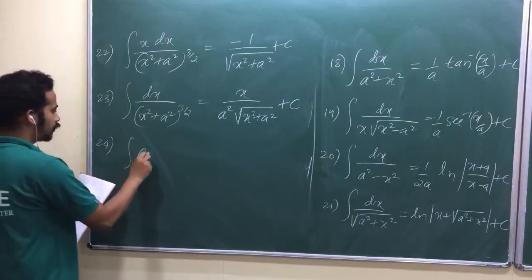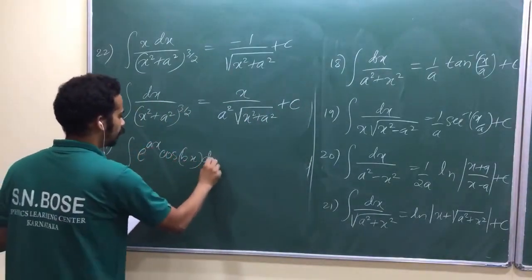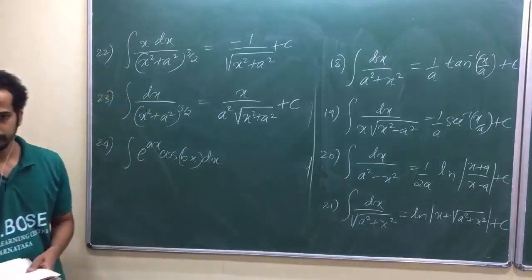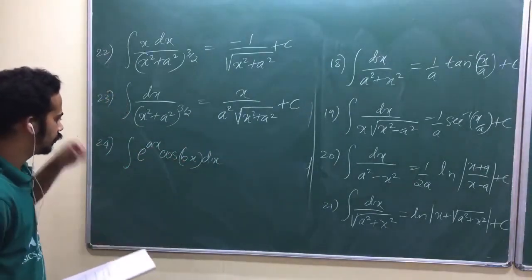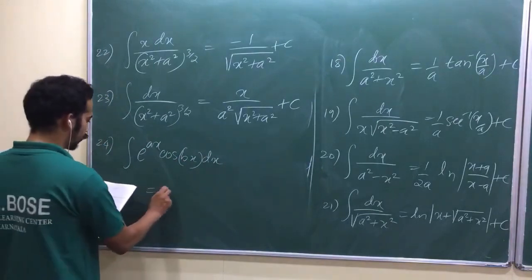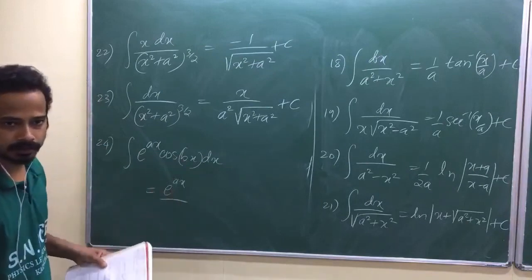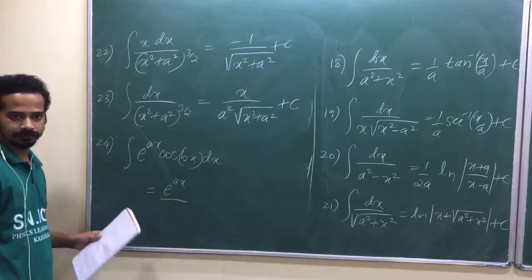You better remember this one, e power ax into cos bx dx. Very, very frequent. Is that okay? E power ax into cos bx dx. That's equal to, again, it can be done by integration by parts, but quite lengthy.